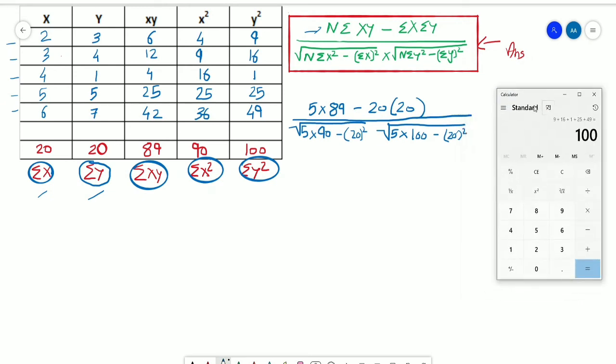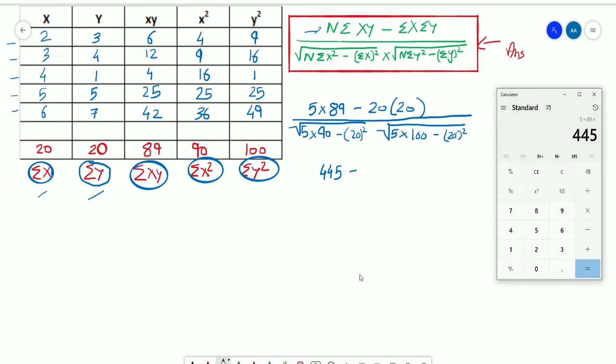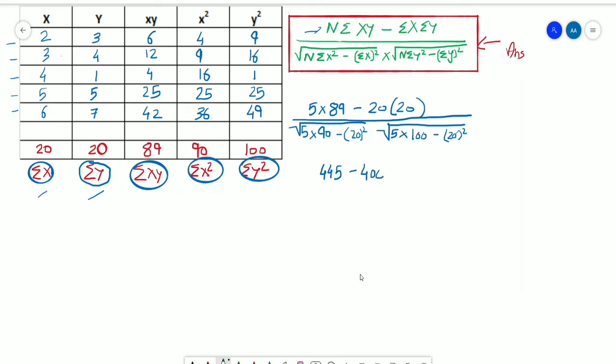So first will be 5 multiplied by 89, which will give us 445, minus 20 multiplied by 20, which is 400. Okay, so 400.